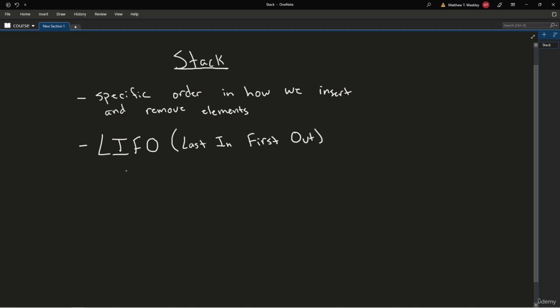Meaning we can insert at the top and then take from the top. So think of this as a stack of plates.